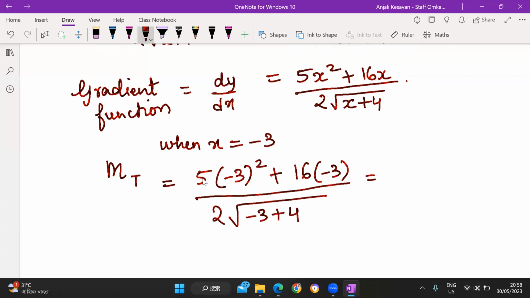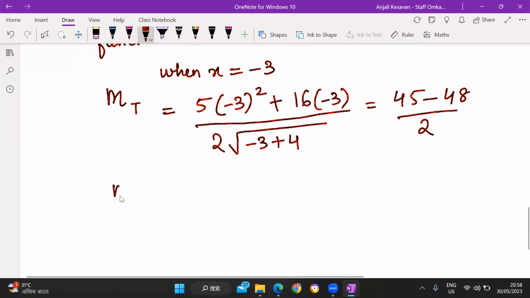Negative 3 squared is 9. 9 times 5 is 45, minus 16 times 3, that is 48, upon 2 root 1, which is 2. So finally, the gradient of the curve, or the gradient of this tangent at x equal to negative 3, is negative 3 upon 2. Or you can say negative 1.5.